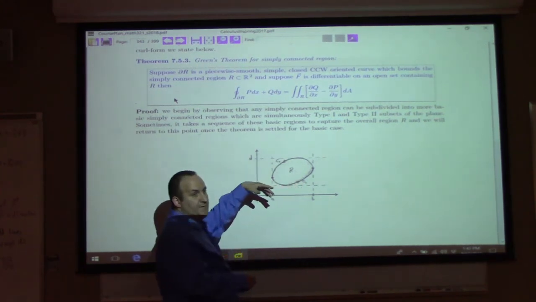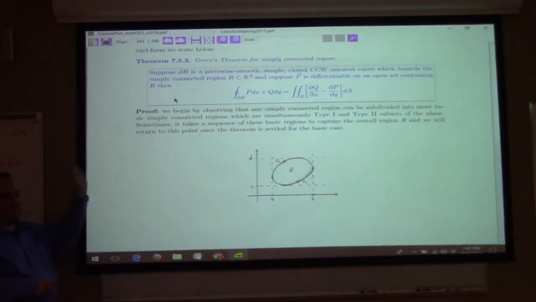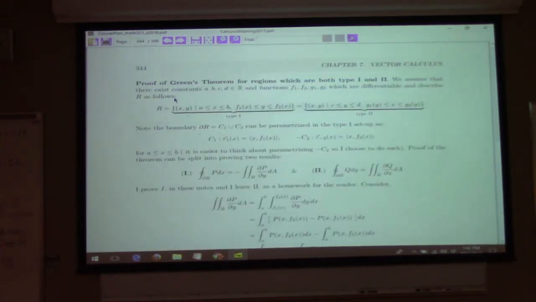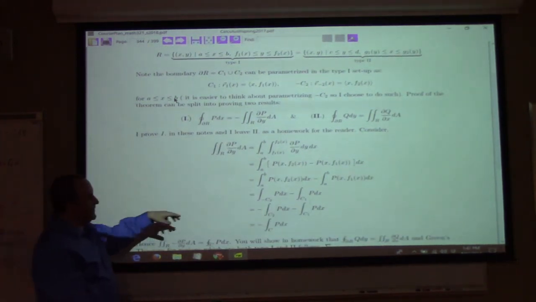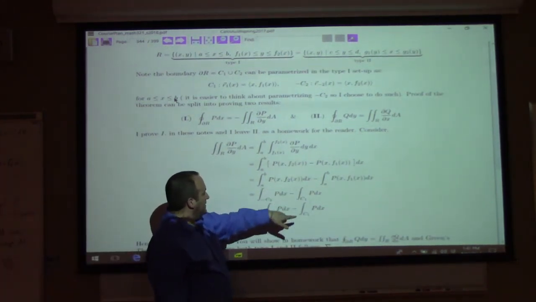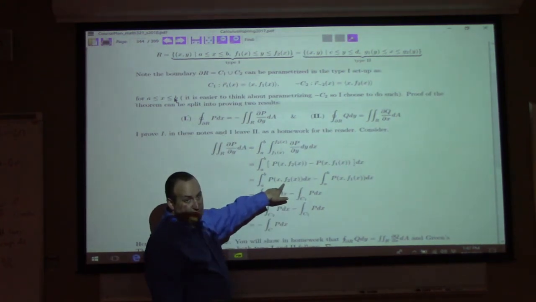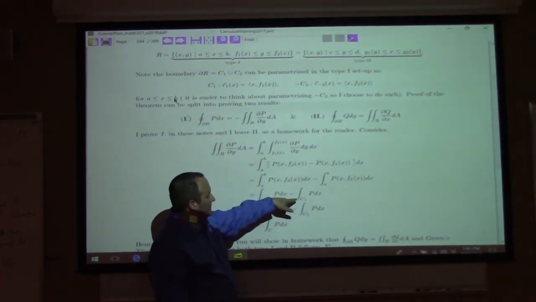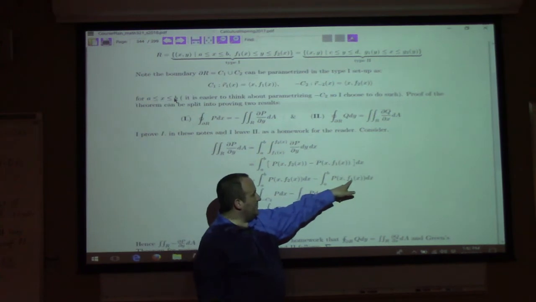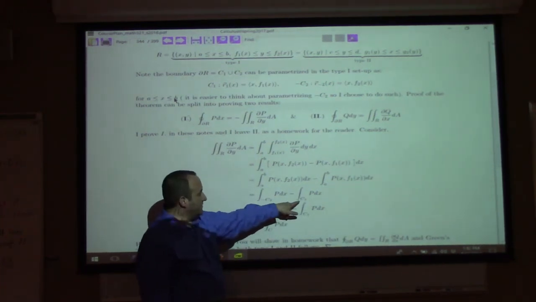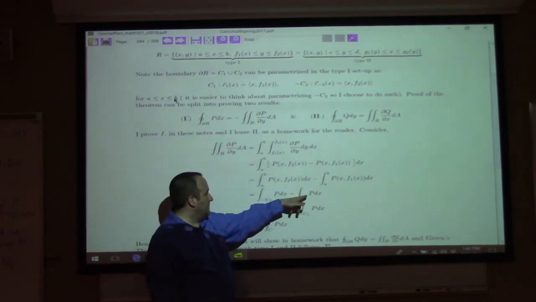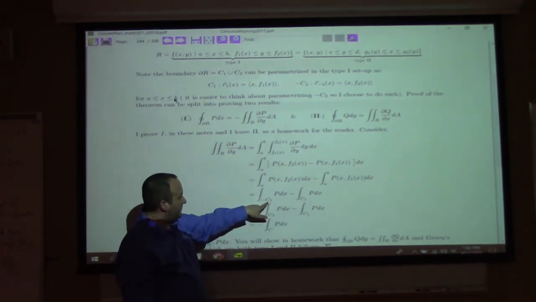Right? But that's minus C2 because I'm taking x as its own parameter, which means it increases from left to right. So when you look at this formula right here, you can see what we're doing is we're taking p and evaluating it at the parameterization of minus C2. And this is p evaluated at the parameterization of C1. So I get minus the integral over C1 because there's a minus here. And then this is the integral of p dx over minus C2.